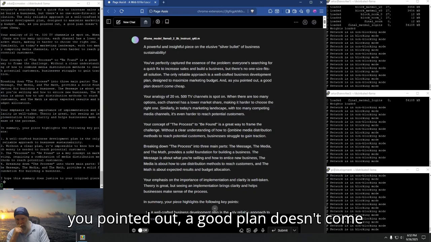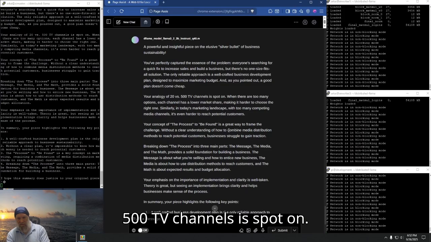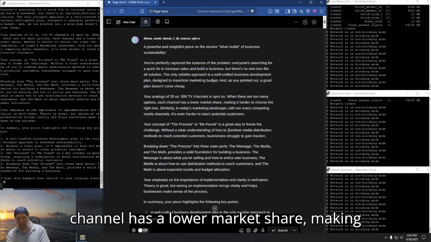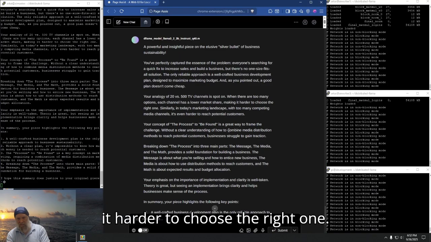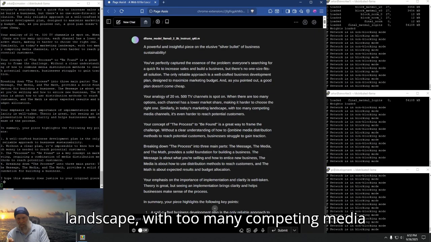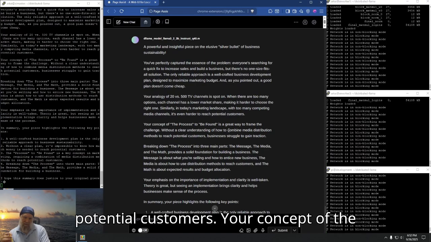And, as you pointed out, a good plan doesn't come cheap. Your analogy of 20 versus 500 TV channels is spot on. When there are too many options, each channel has a lower market share, making it harder to choose the right one. Similarly, in today's marketing landscape, with too many competing media channels, it's even harder to reach potential customers.